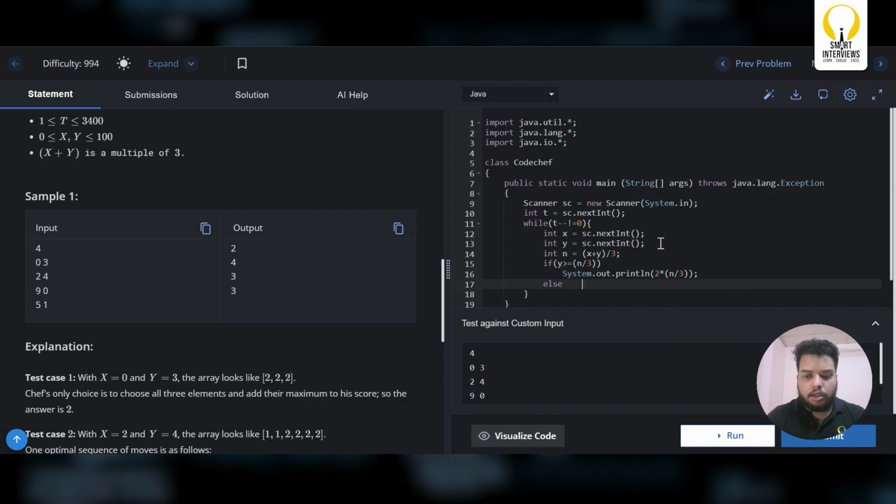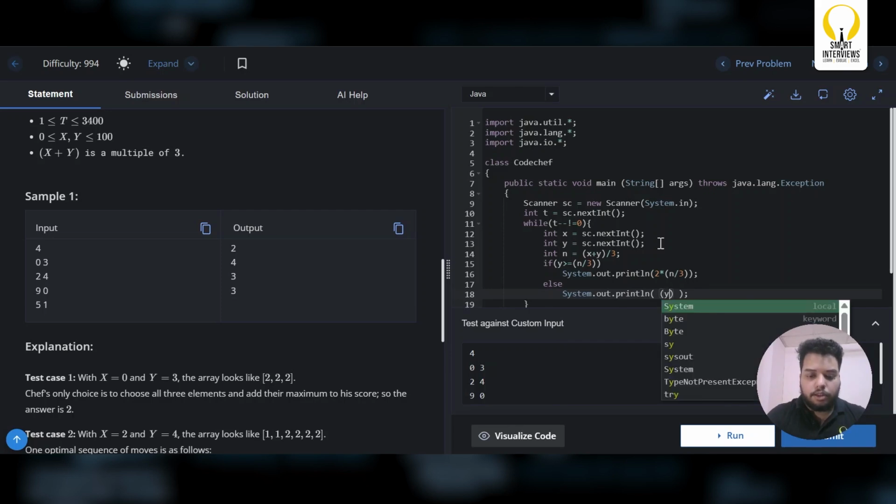Else, in the remaining test cases, my answer is going to be, obviously, 2's should be added at any cost.